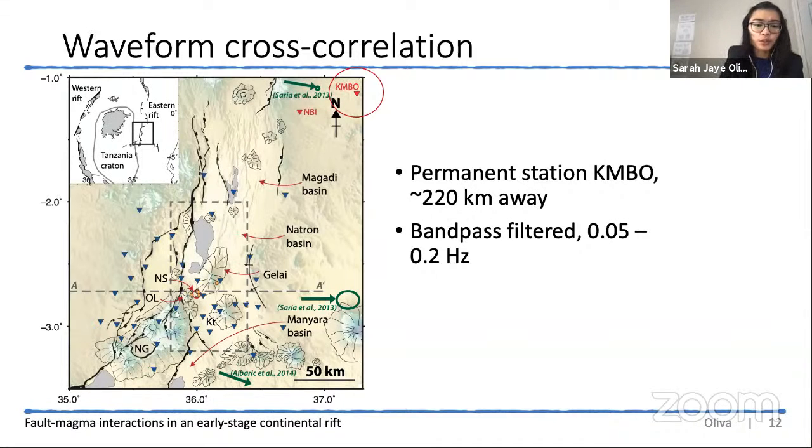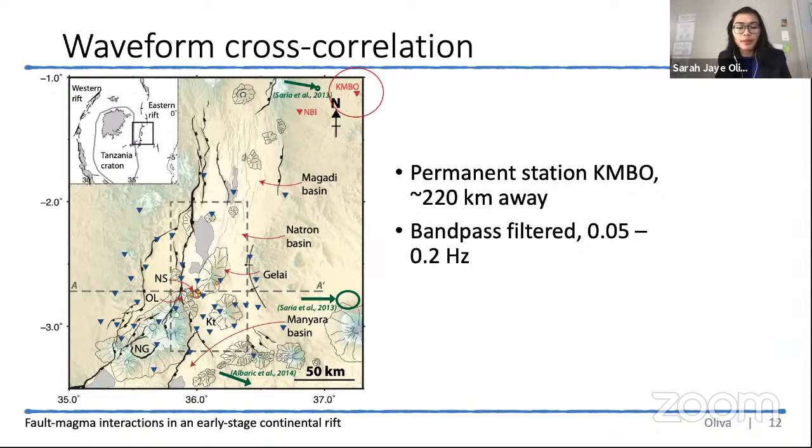And so I took waveforms at KMBO associated with earthquakes in the Africa catalog, and then compared the waveforms with the 2013 to 2014 earthquakes that were, of course, also detected at KMBO.